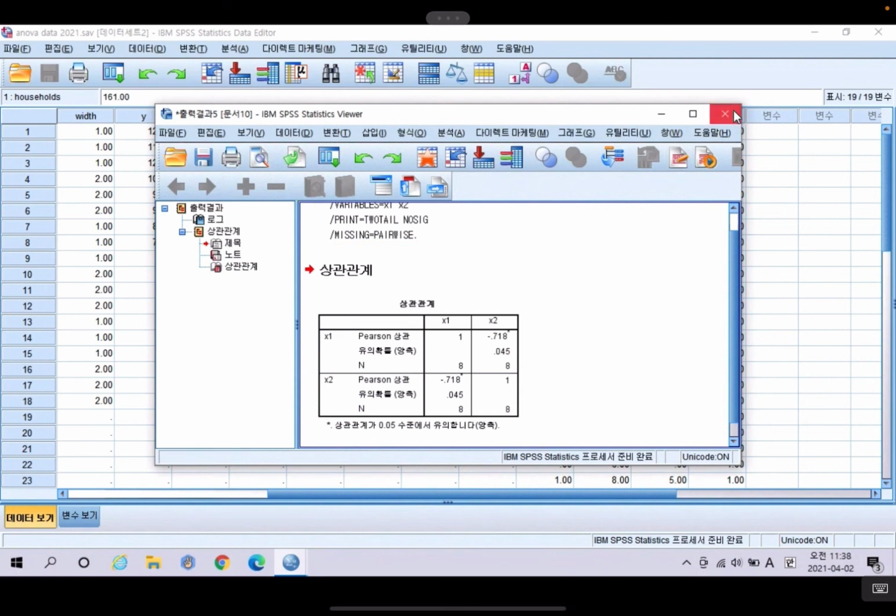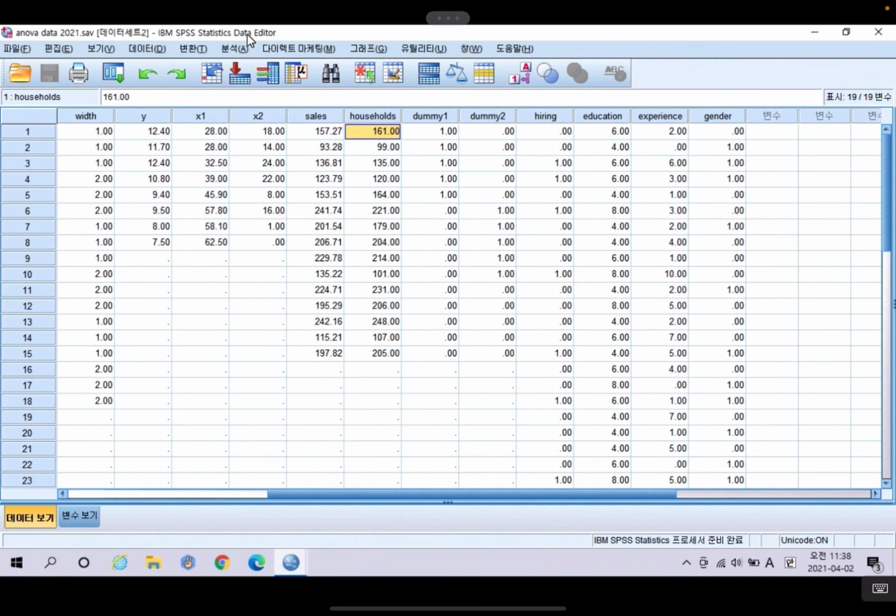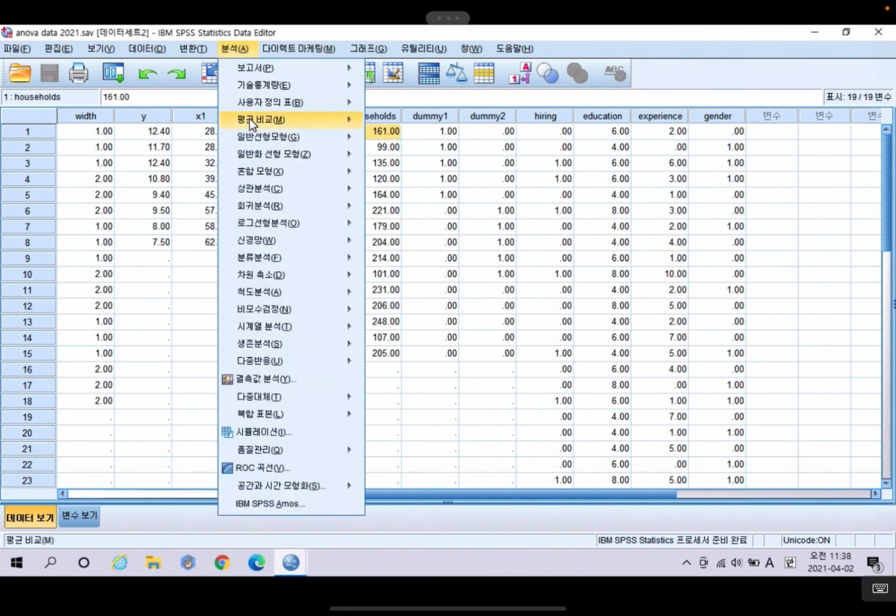Let me show you again. So you go to Analysis. This is correlation analysis, and you select this one.